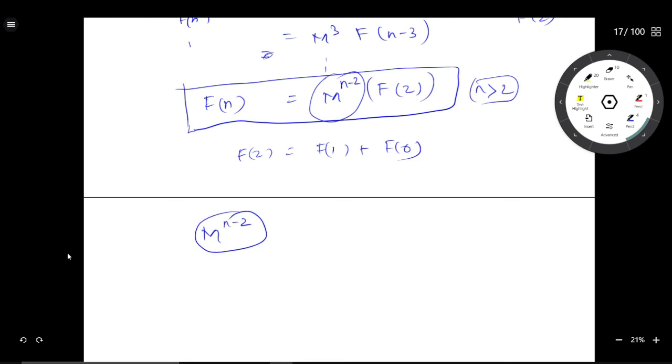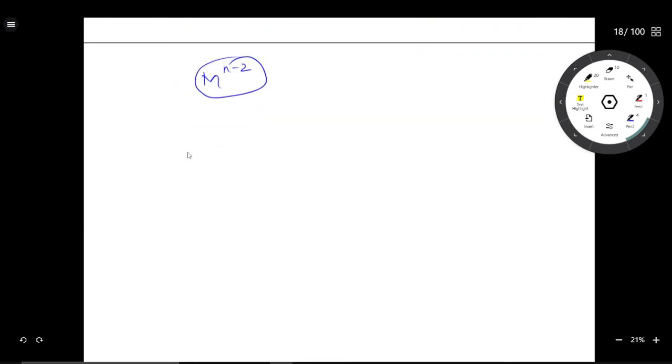Okay, for this we will use a long division method. Like that, what we do, we have to find that also. We only have to find this one. So here what we do, we write a code that let m is equal to a, comma, n minus 2 is equal to b.